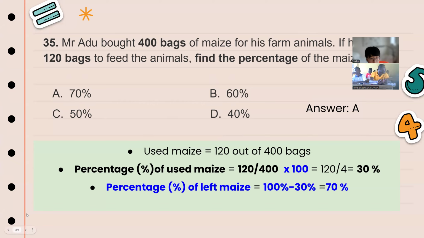So here, instead, we look at the percentage of the used maize, so we can find it this way too. So it is 120 over 400 is the amount of used bags percentage. And percentage, you have to multiply by 100 at the end. So what is 120 divided by 400?